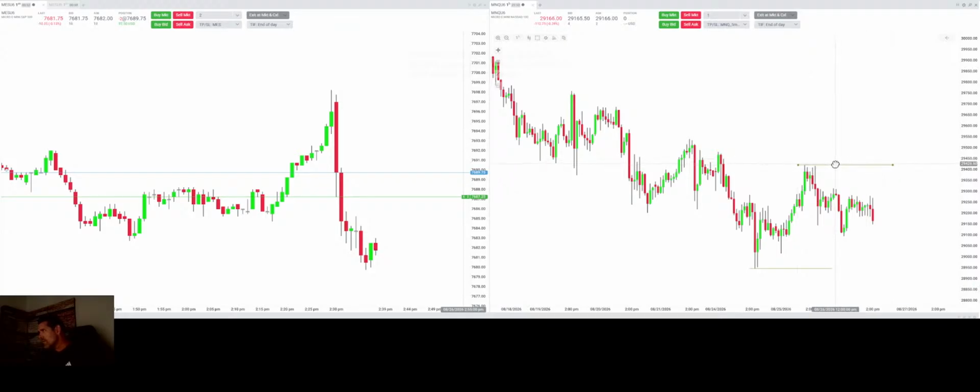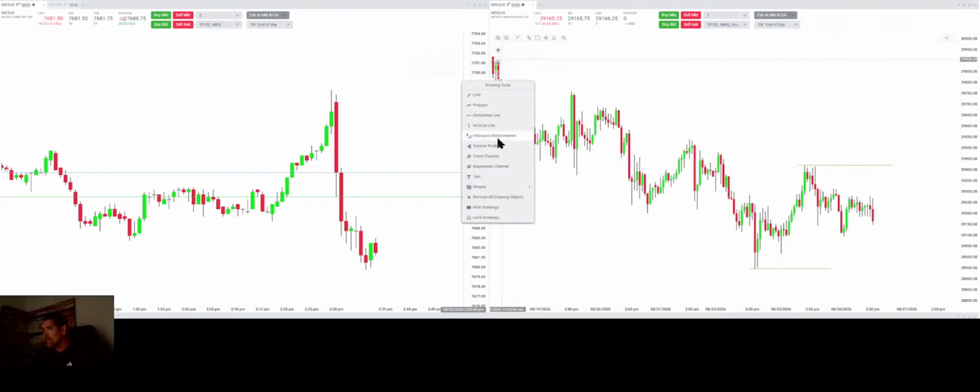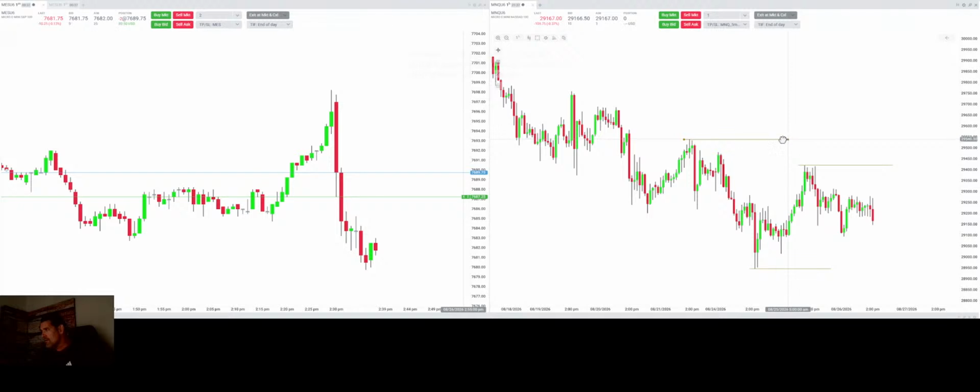It's gonna go, yeah, and beyond that we had this right here. So here, and we touched the same level and we came down, so this was strong before our levels. Cool, we don't really need that. That's far away, yes.